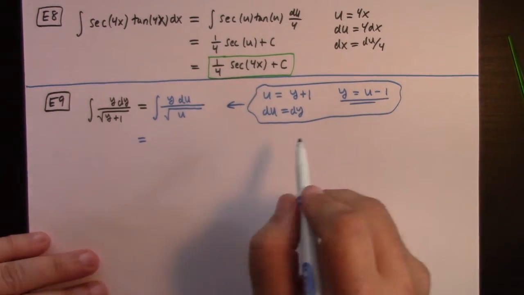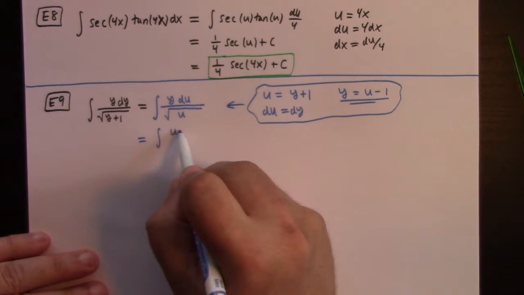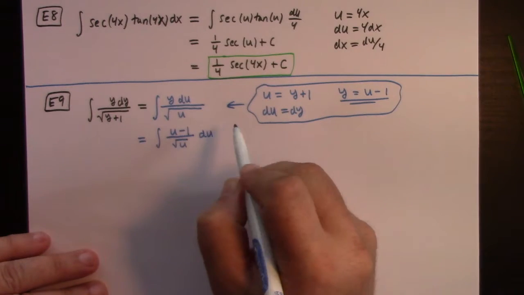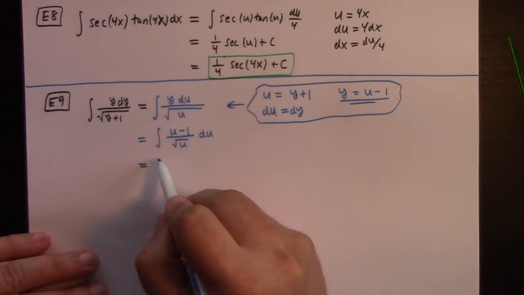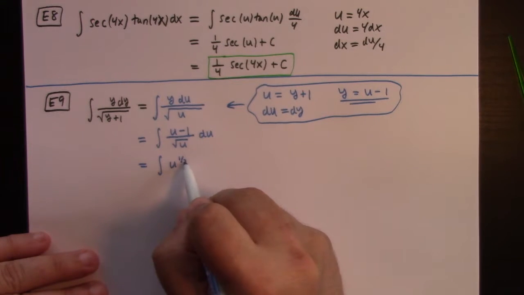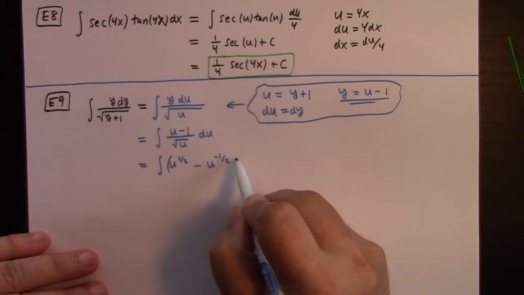So there we go. This is the integral of u minus 1 over the square root of u du, otherwise known as the integral of u to the 1/2 minus u to the minus 1/2 du.